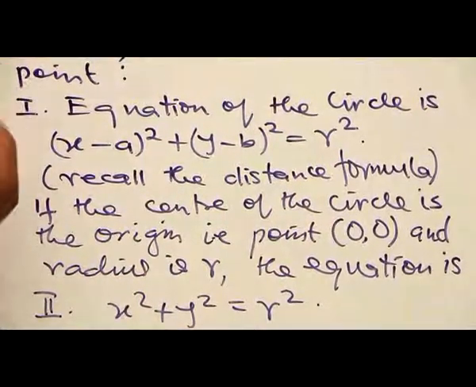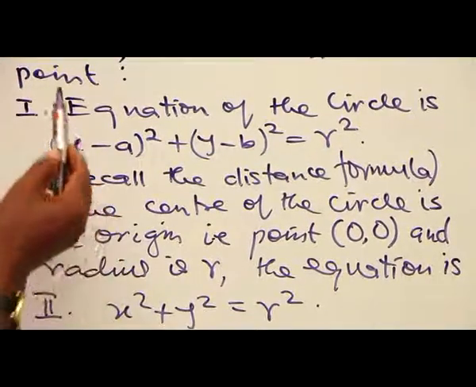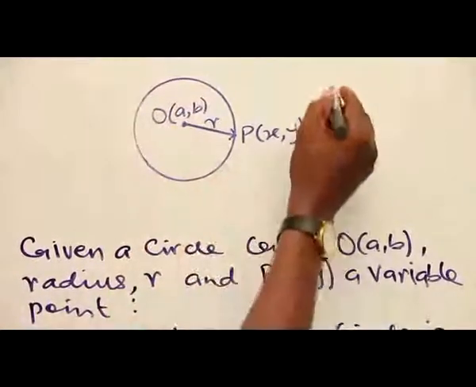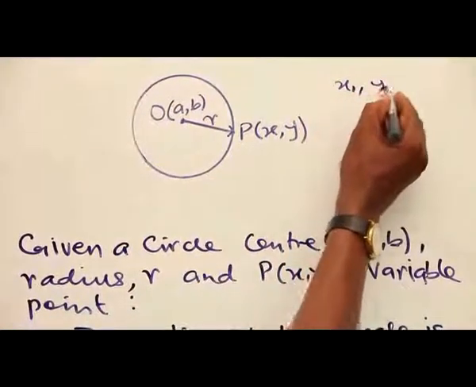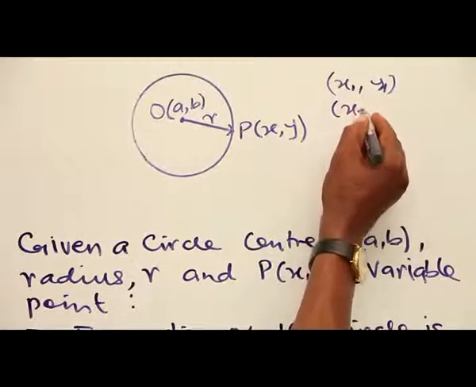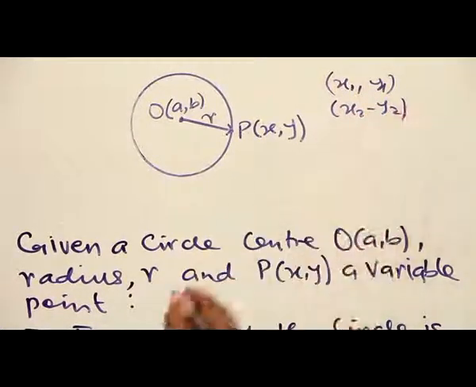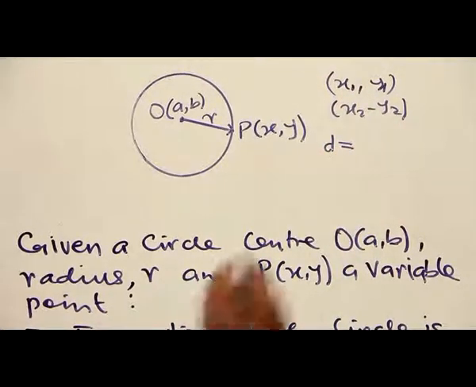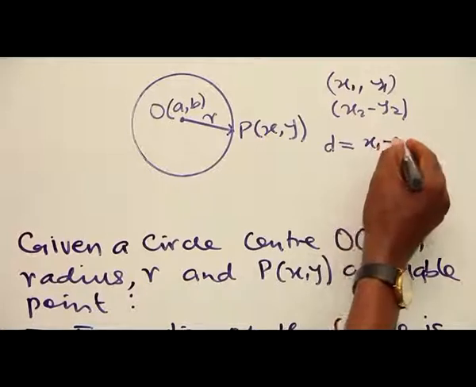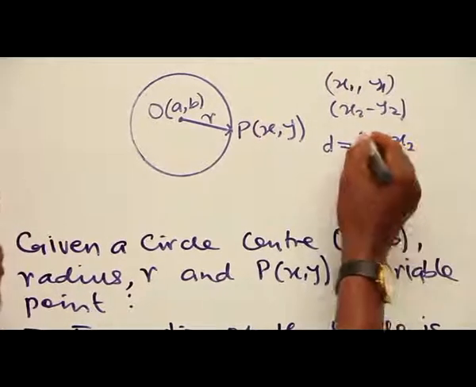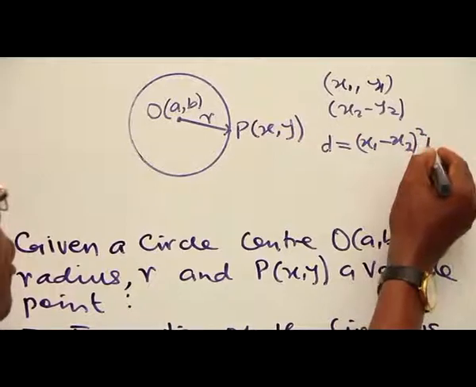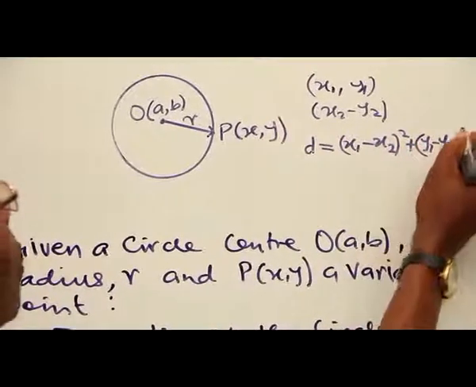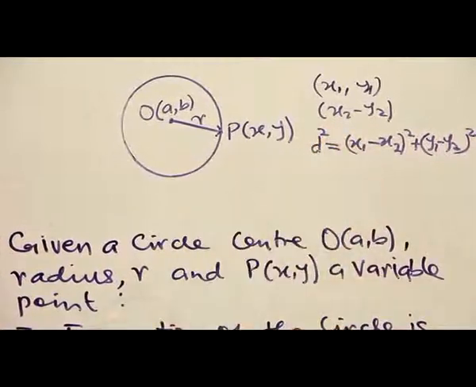You will recall the distance formula. In the distance formula, you remember where we use S1, Y1, and then S2, Y2. In that distance formula, we say that D squared is equal to S1 minus S2 all squared plus Y1 minus Y2 all squared.